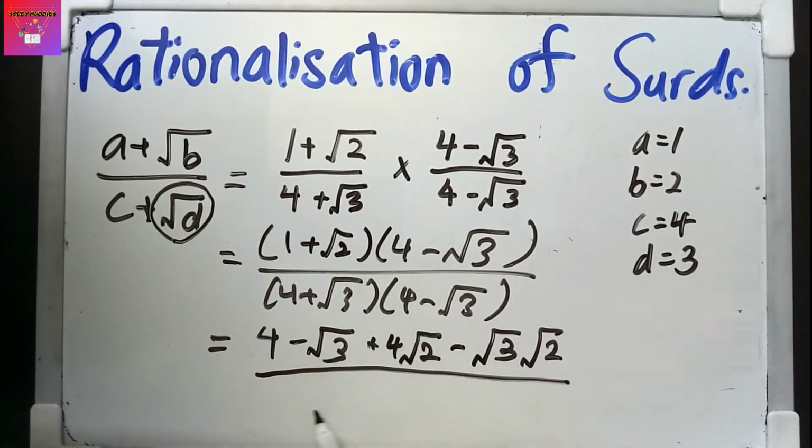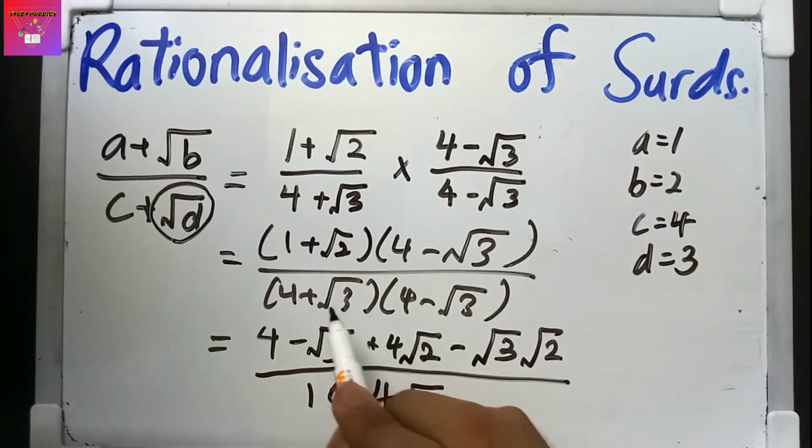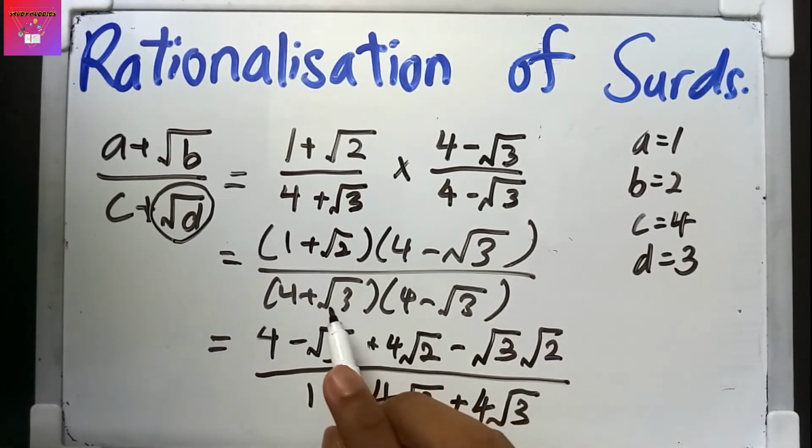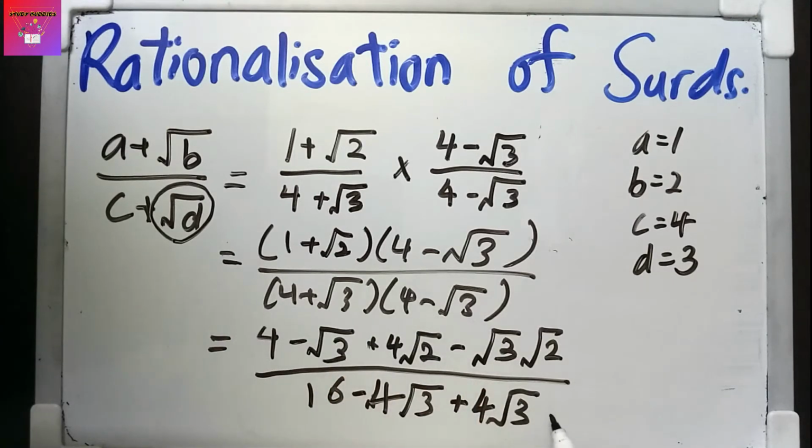Over 4 times 4 is 16, 4 times negative surd 3 is negative 4 surd 3, then 4 times positive surd 3 is plus 4 surd 3, and surd 3 times negative surd 3, you're going to get something like that.